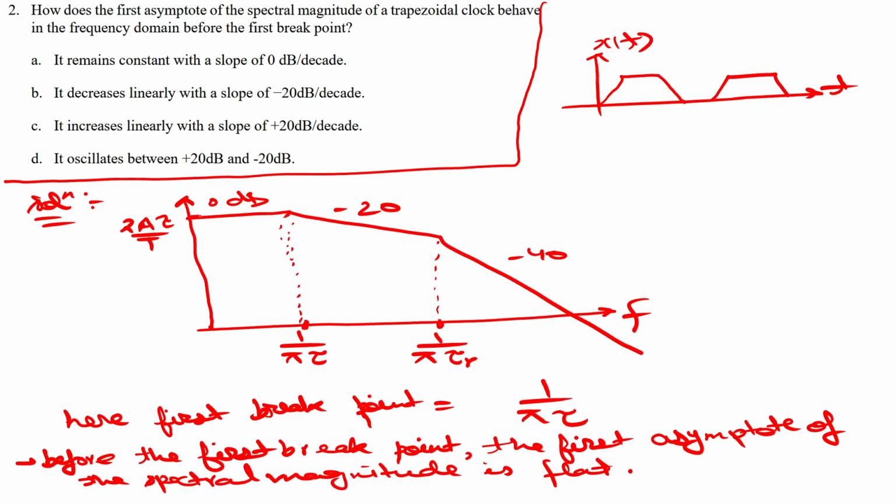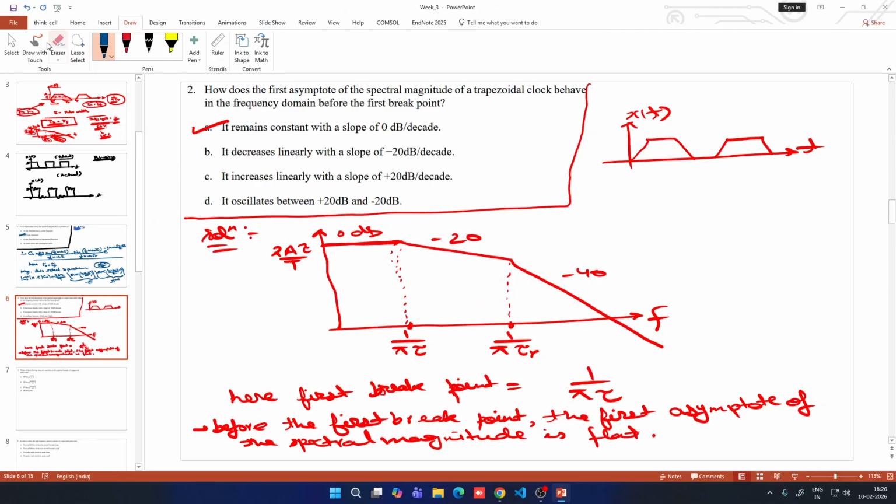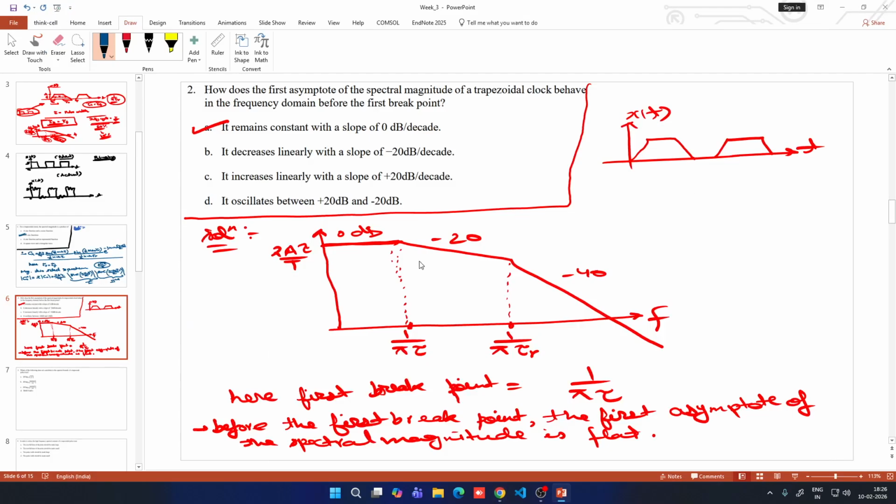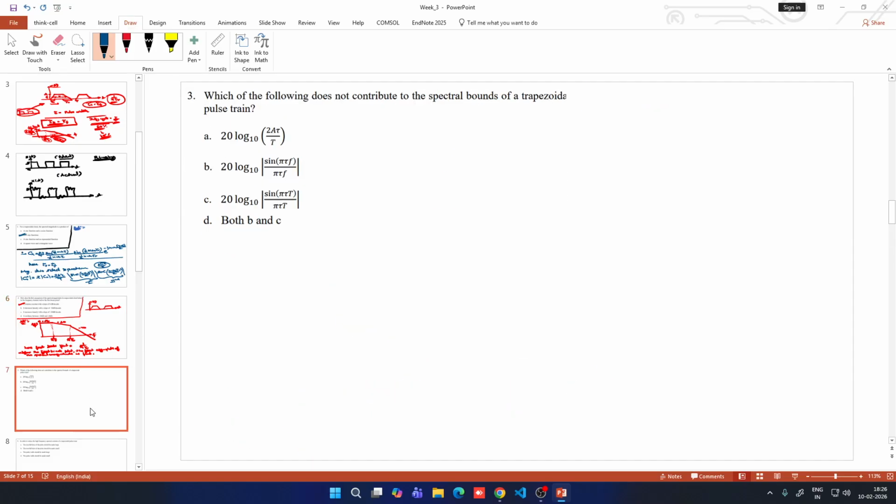So this is the slope we can see. If we match it with the options, the correct option is option A. It remains constant with a slope of 0 dB per decade. I hope this is clear. If you have any doubt in this, please let me know. So if this is clear, we will move on to question number 3.